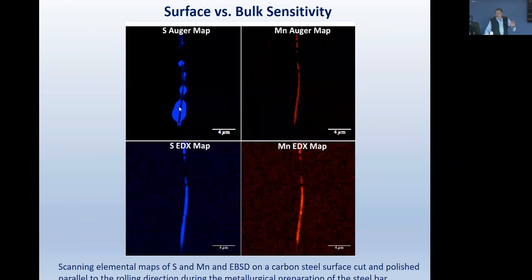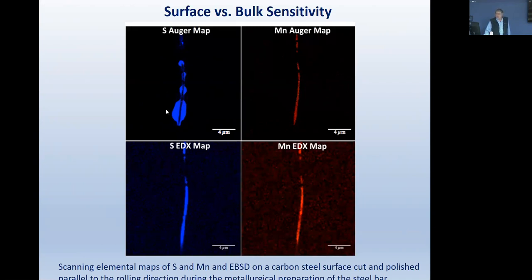Here is when we do the same imaging using Auger. In this particular case, it's not always like that, but we exposed this surface to some chemicals. You can see the sulfur is bleeding away. It's on the surface. This information is very important in real life applications, but you would have missed it if you didn't have surface capability.